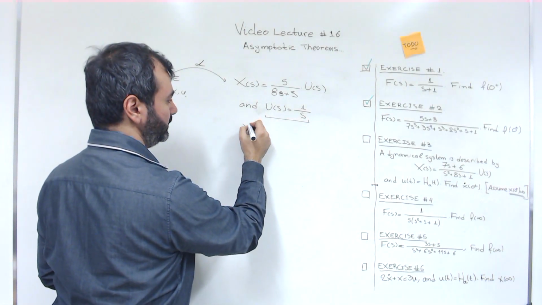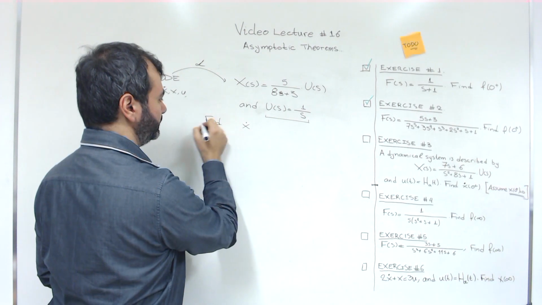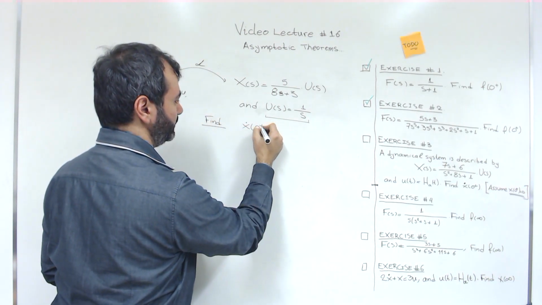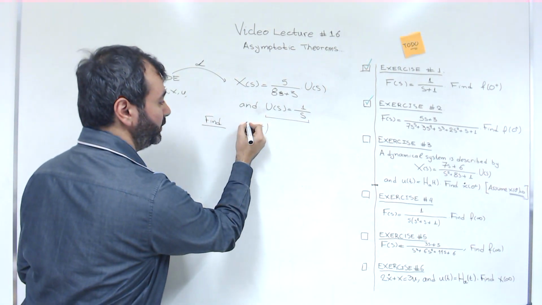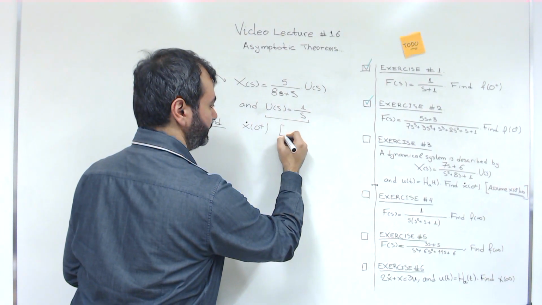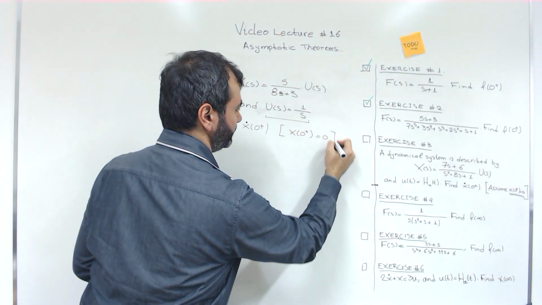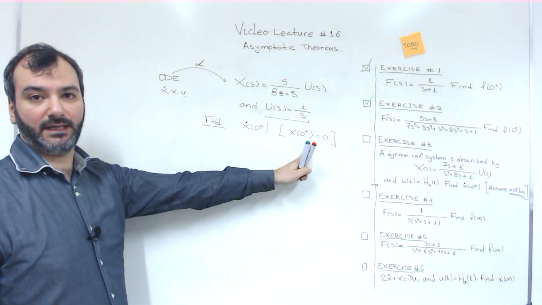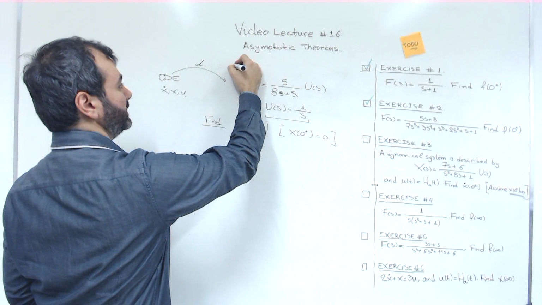Find the initial velocity, the initial value of the derivative of x. And it is given that x at time 0 is equal to 0. So do this as an exercise.